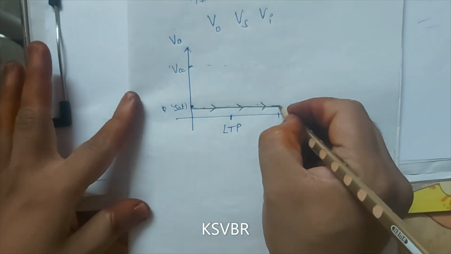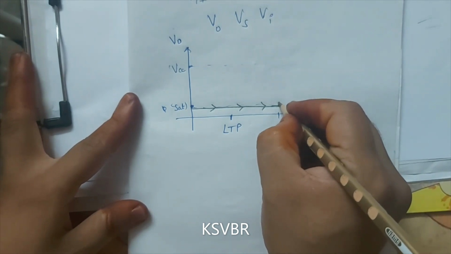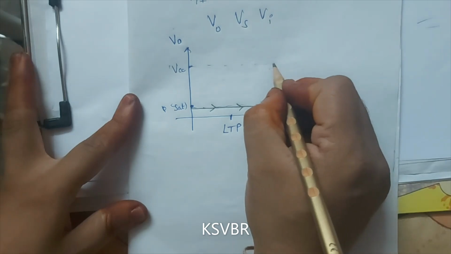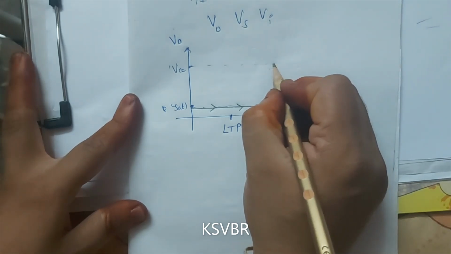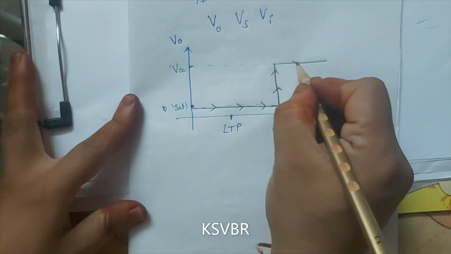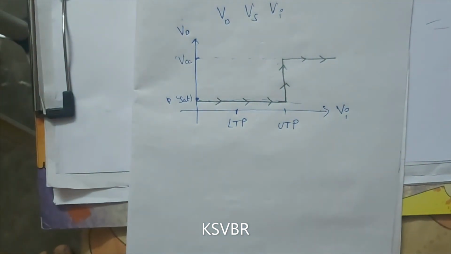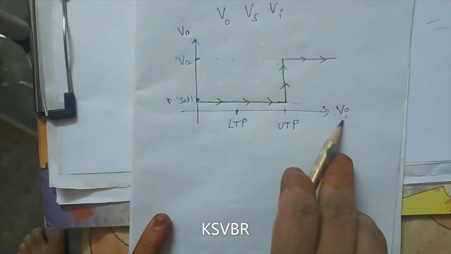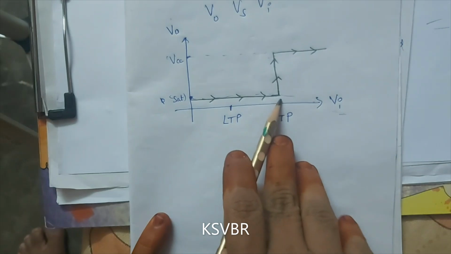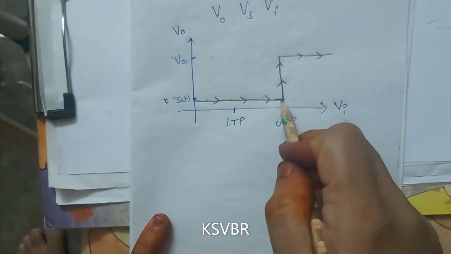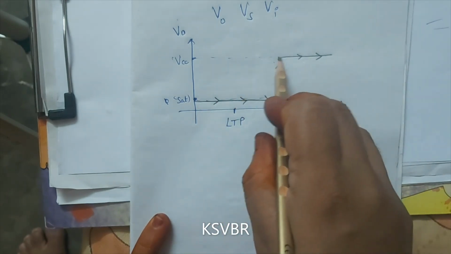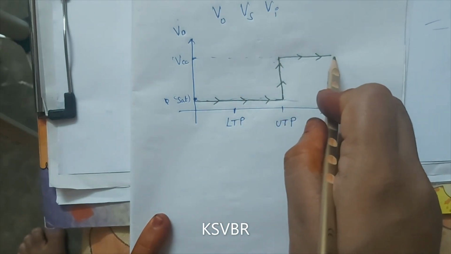Whenever UTP comes, what will happen to Q2 transistor? It will become on. So when V input is kept increasing towards infinity, whenever UTP comes, the stable state changes here. It goes to VCC and then it maintains a constant level.